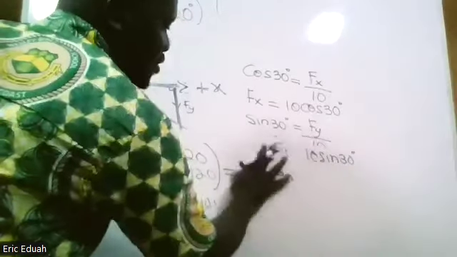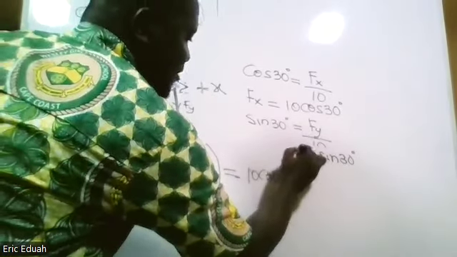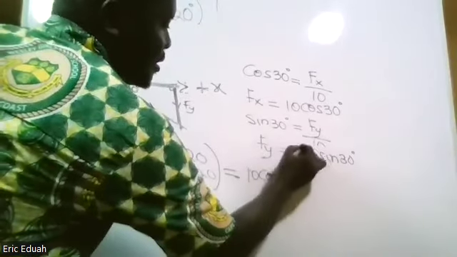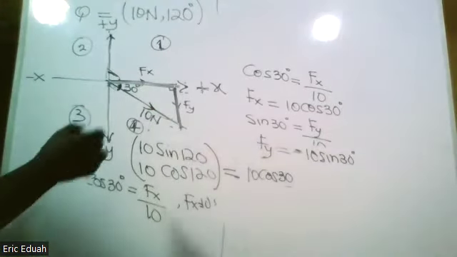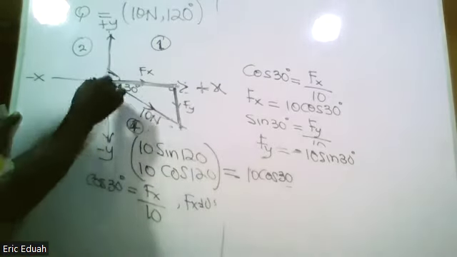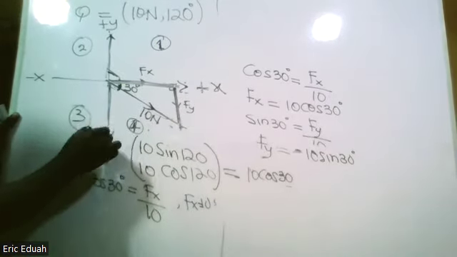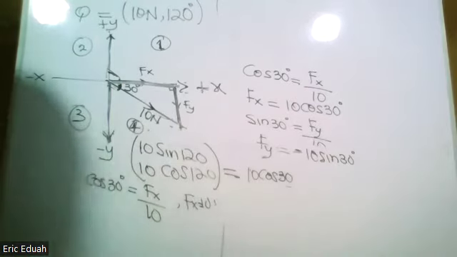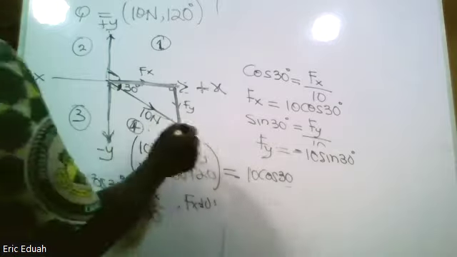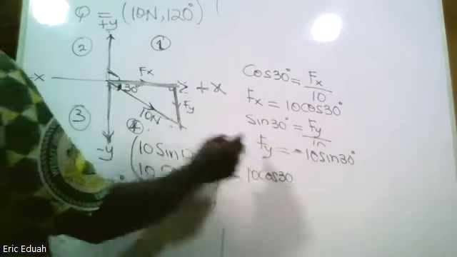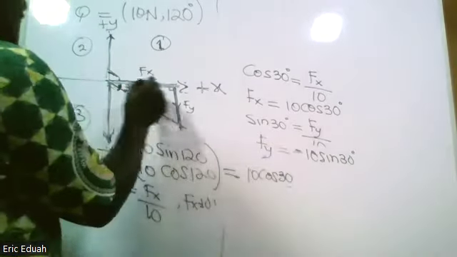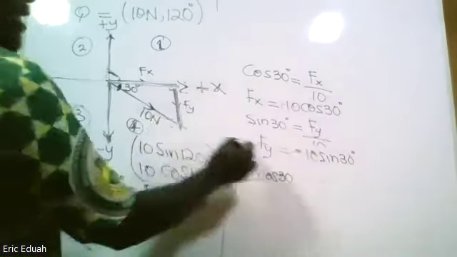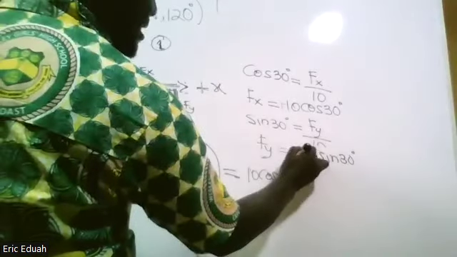So fy must be equal to the negative of this, because it's along the negative y-axis. Any measurement below x over here is negative. So for this component, fx is positive, and fy is negative, minus this.